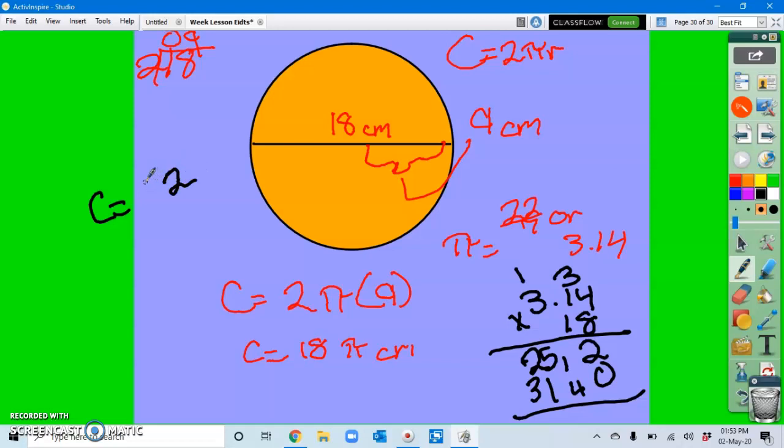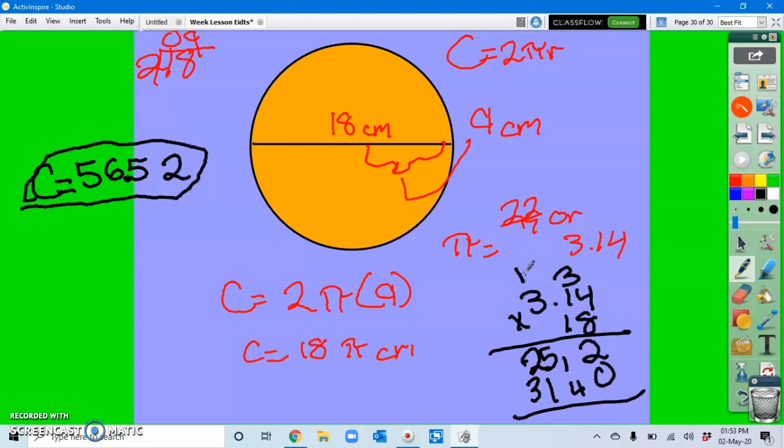Oops, sorry, getting a little bit of space. So our answer is going to be circumference equals 56.52. Remember to move that decimal 2 places as we have it here.